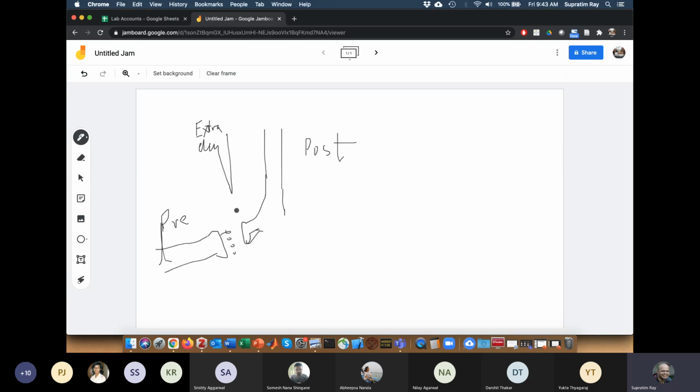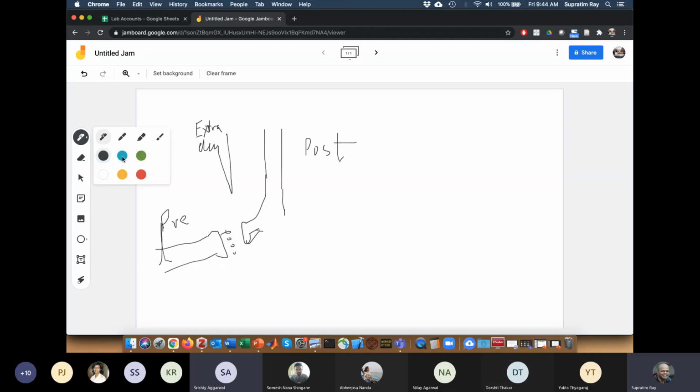What's happening right here? What would you see as far as ions are concerned right here? Anyone? Movement of ions. Movement which way?